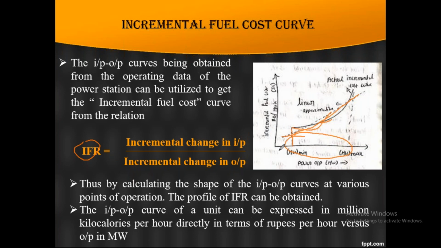That's why the input parameters should be expressed in terms of rupees. Then only can you get an idea about how it will perform. If the performance is better, you will get less loss, and economically it is better when compared to the others. So this is the way of finding the incremental fuel cost curve.